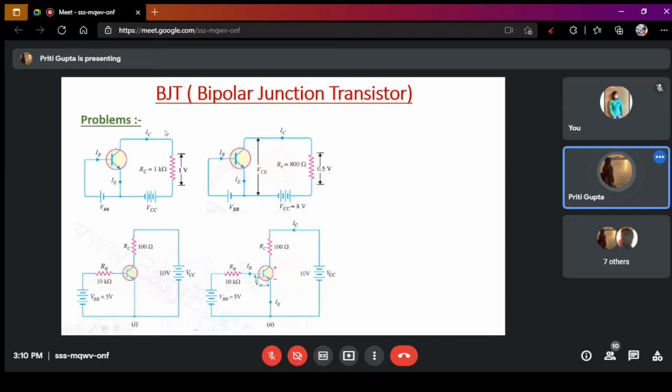Next, this one. Last problem. Ma'am, which one? The last one? This one, second figure. Draw this one, then I'm dictating the question.